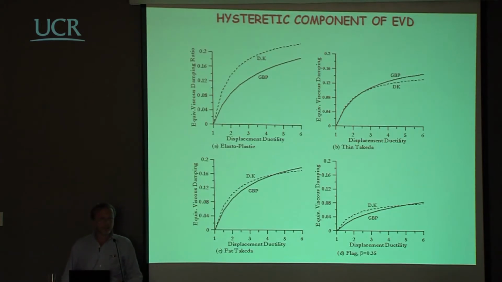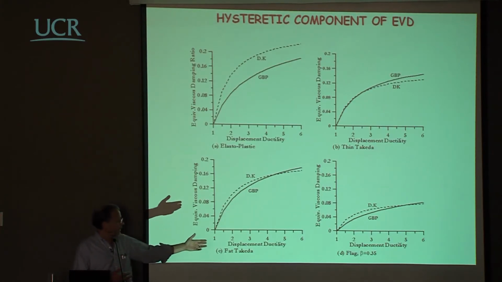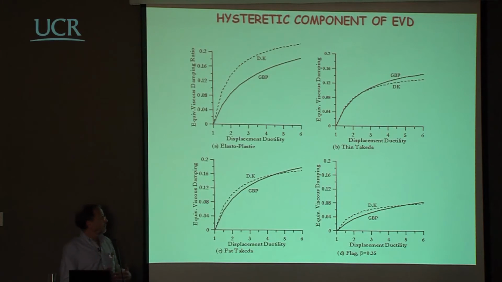Well, what you obtain is some sort of curve of the sort that you can see here that will give you some relation between displacement ductility and equivalent viscous damping. And this curve will depend, of course, on whether you are using a cycle like fat Takeda, flag, thin Takeda or elastic-plastic.